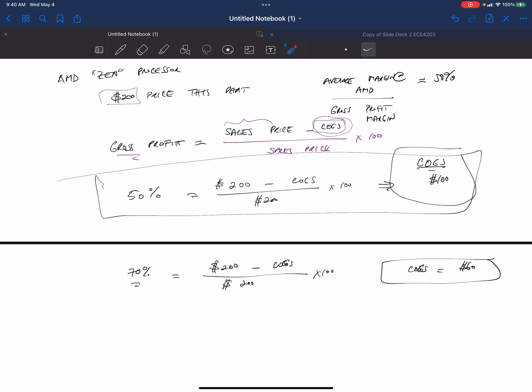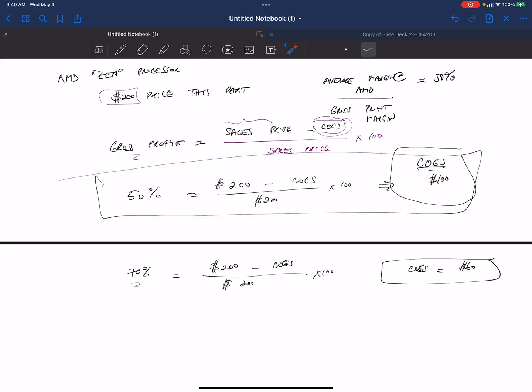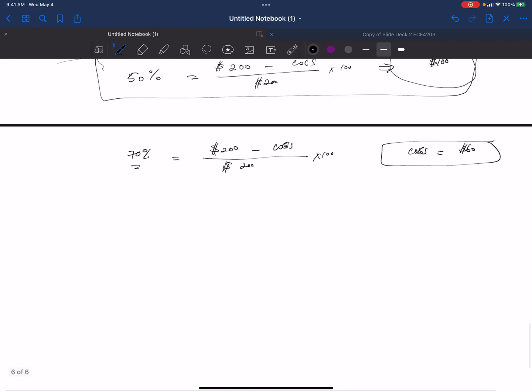You might think that if your cost of goods sold is $100, you can make 50% profit on that. That's not how it works. You've got to go by this equation. A lot of people get confused about this. Long story short, just follow this equation and work backwards to get your cost of goods sold. So we're going to assume $100.